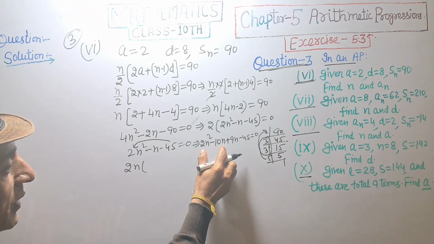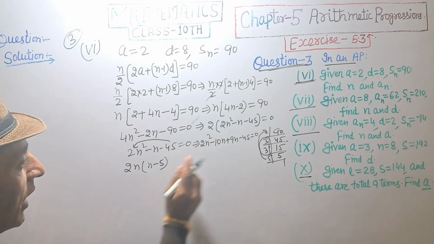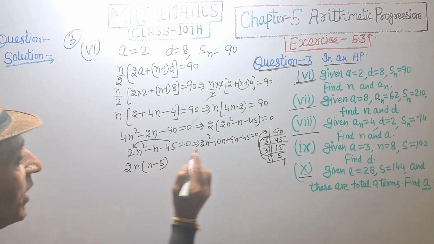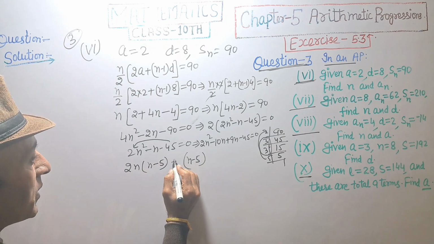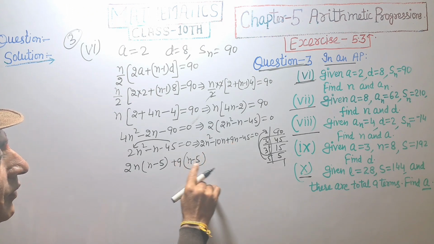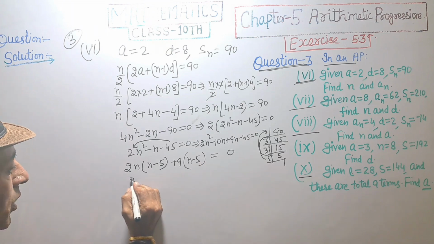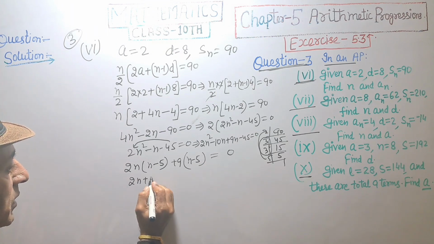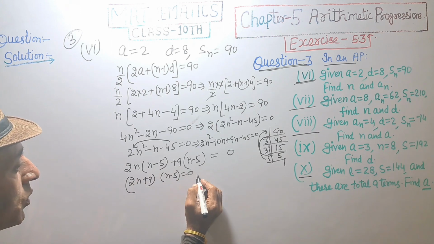So 2n is common here: 2n into (n minus 5), n minus 5 in bracket, plus 9 is common, 9 into n, 9n, 9 5s are 45, is equal to 0. (2n plus 9) and (n minus 5) is equal to 0.